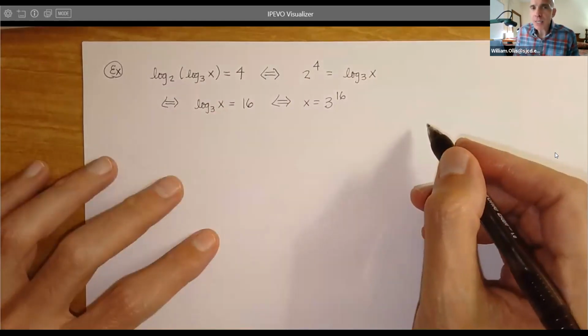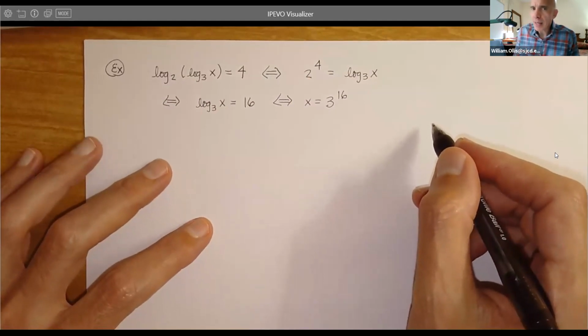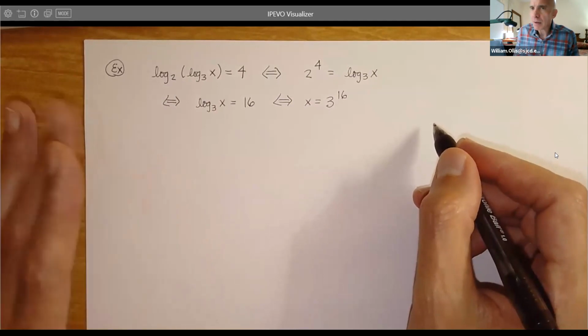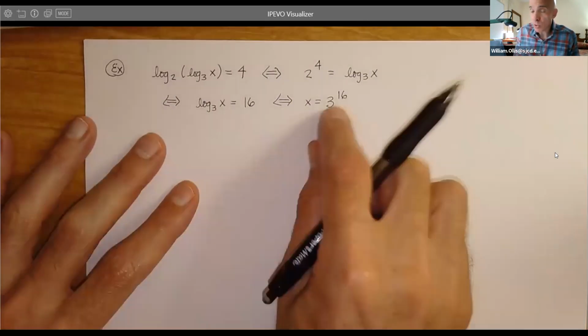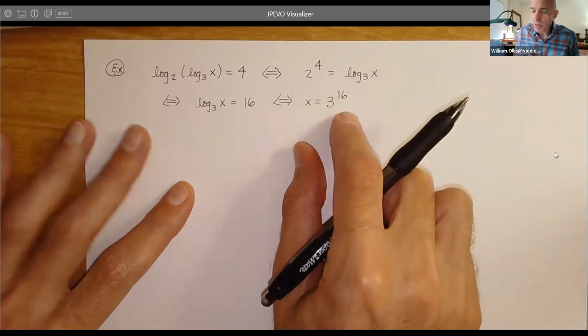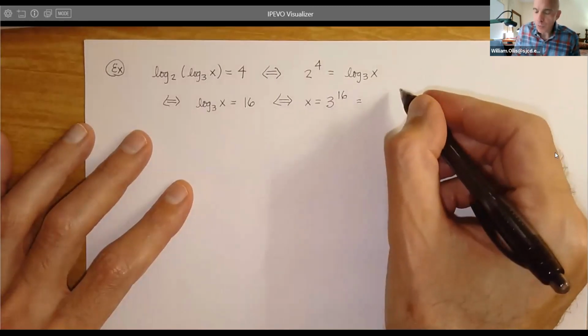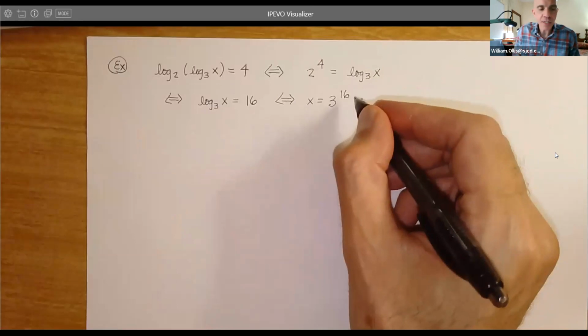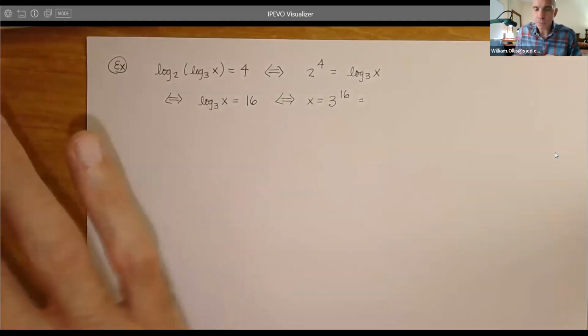Now, when I was looking at your WebAssign, it doesn't want you to enter an exponential number, which of course would be an exact answer. So then we have to say, well, what does this equal? Well, let's write this in a way that would actually be simple to write.